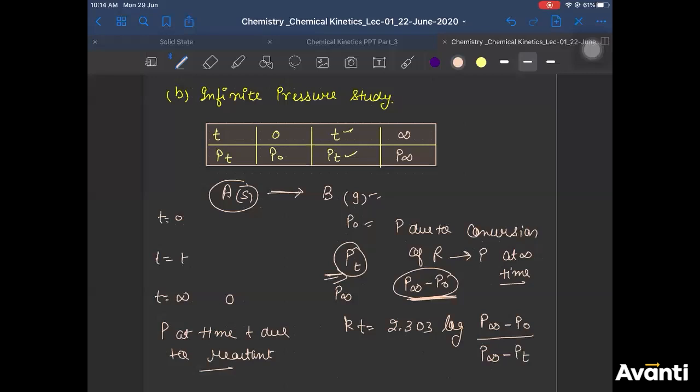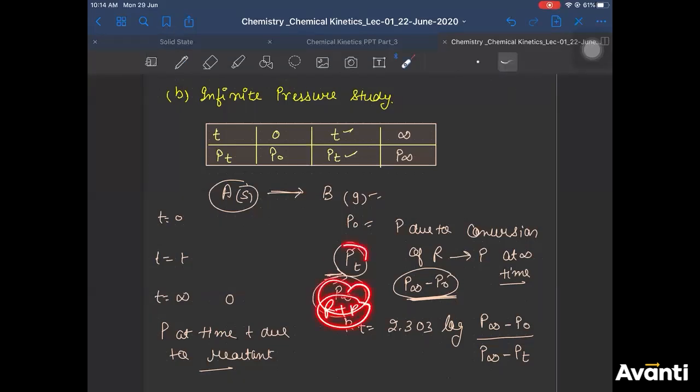Many of you, I am actually surprised, have answered it correctly. Ravi Kiran, you need to check again. It will not be PT minus P0. That is the pressure difference of product only. Now you can easily say P infinity is the total pressure of reactant plus product.